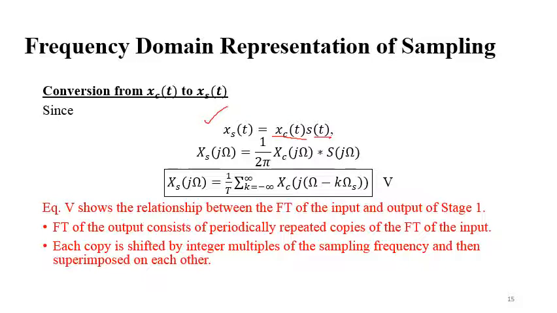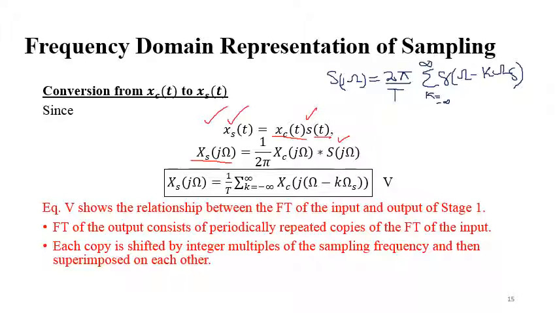If I take the Fourier transform of both sides, x_s(t) will result into X_s(jω), and because in frequency domain the multiplication or modulation becomes convolution, it's also scaled by a factor of 1/2π. So from this equation we get 1/2π X_c(jω) convolved with S(jω).